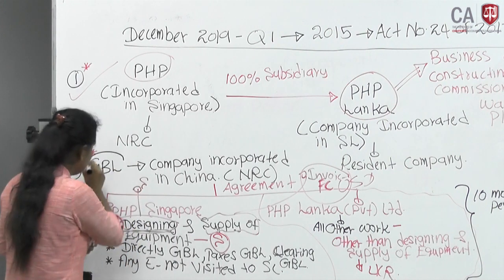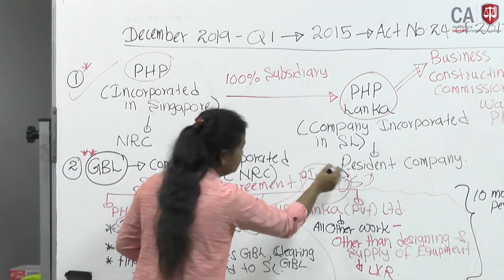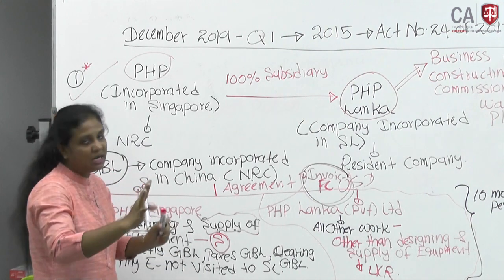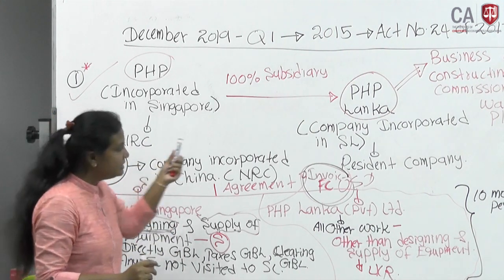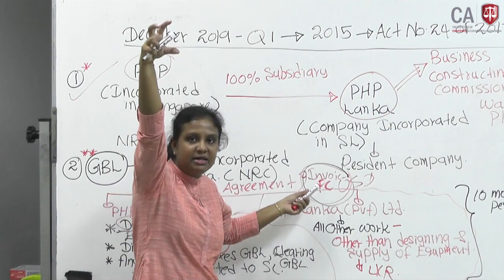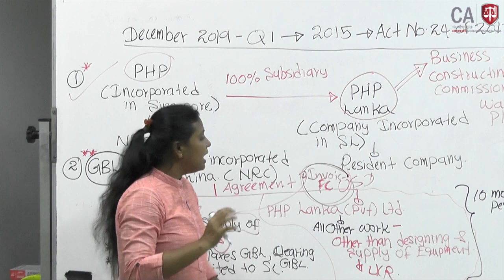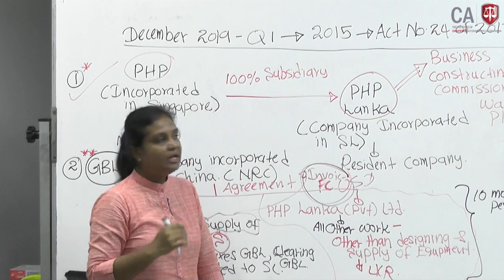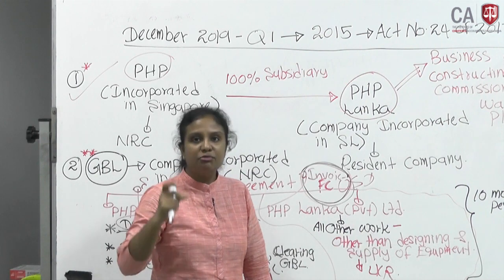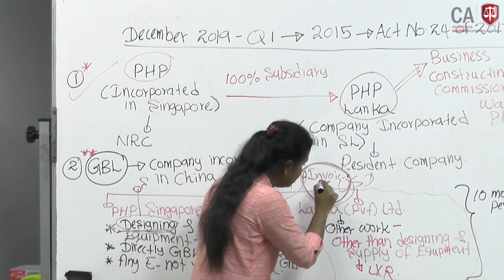Between GBL and PHP Singapore. Those are two foreign countries, this is China, this is Singapore. The original contract was entered into outside Sri Lanka, and coming to the invoicing part, the invoicing is done in Singapore and in which currency? Foreign currency.